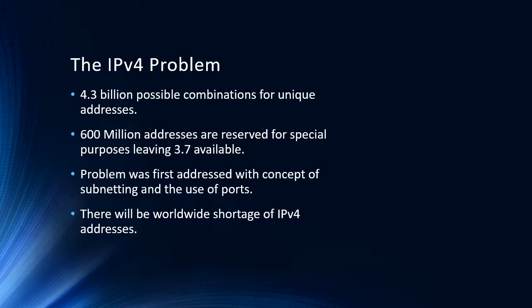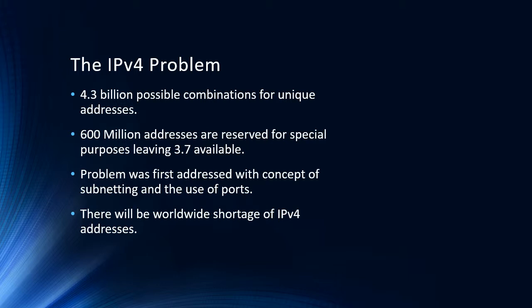The IP version 4 problem. Roughly 20 years ago, it was determined there would be a shortage of available public IP addresses. Given the number of digits and numbering within an IP version 4 address, there are only 4.3 billion possible combinations, and right away 600 million of those are taken for special purposes, leaving 3.7 billion possible addresses available.